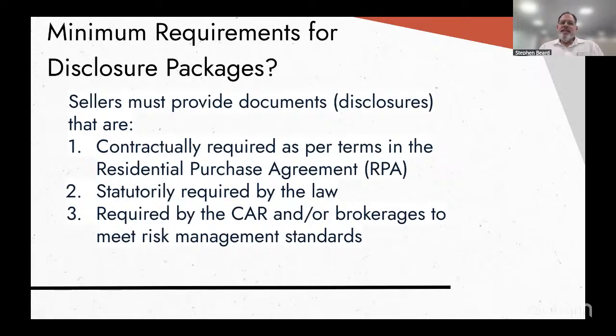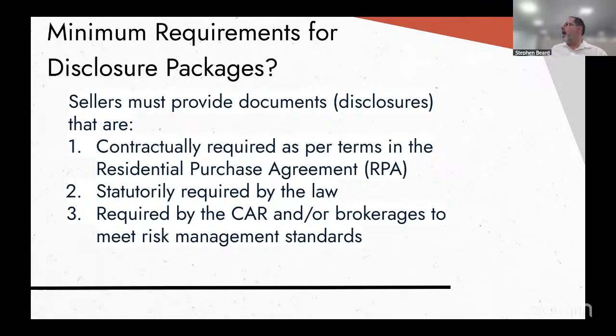In these cases, the contract may or may not make specific reference to it, but you still have to provide those disclosures. Number three, there are documents that are required by the California Association of Realtors if you are a realtor selling a house. And the brokerage you work with, as licensed sales agents, you are not an independent broker.